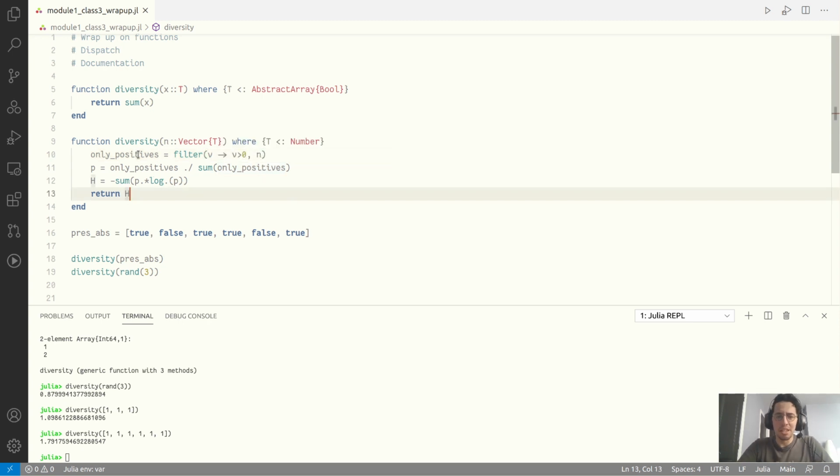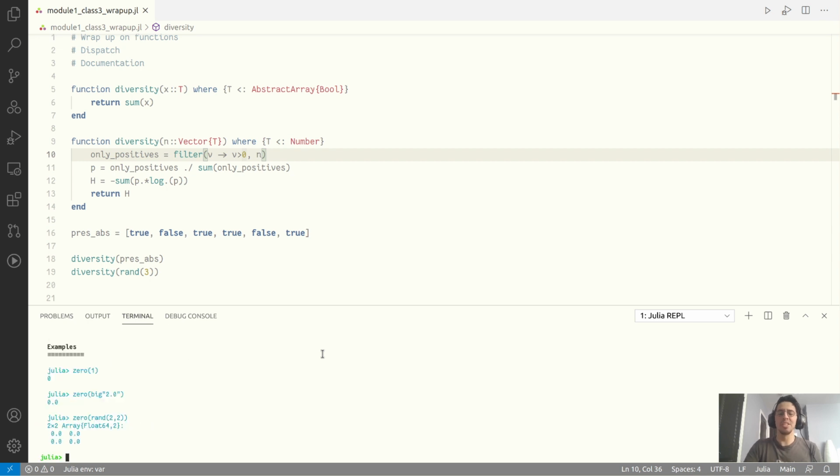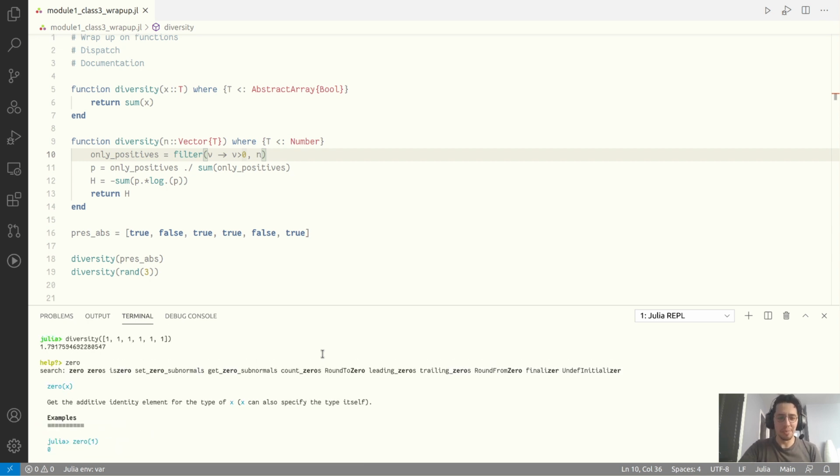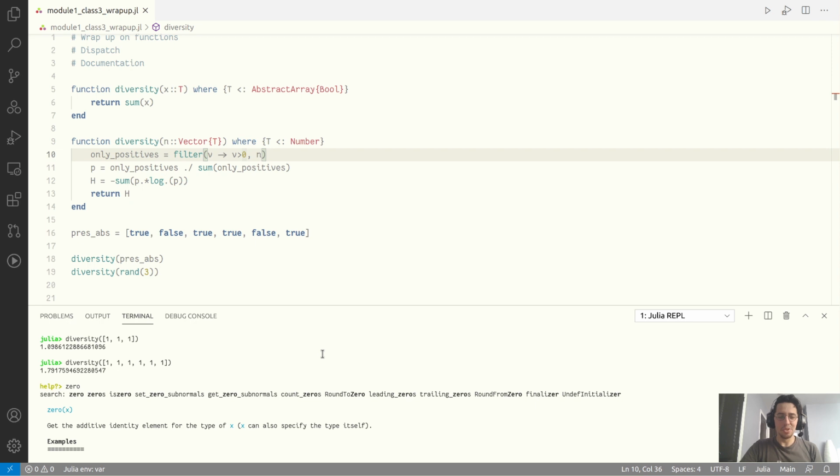So let's say we do that, and then instead of 0, we are going to use a function which is called zero. And the function zero is going to do something that is really interesting. It is going to return the additive identity element, which is a very fancy way of saying it's going to return 0 for a specific type.